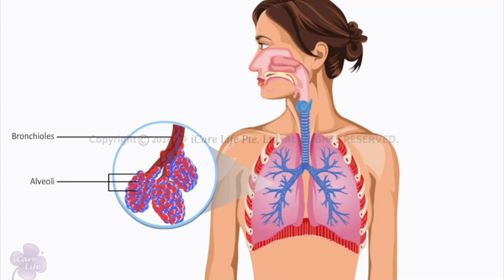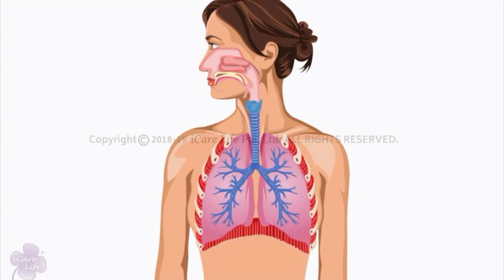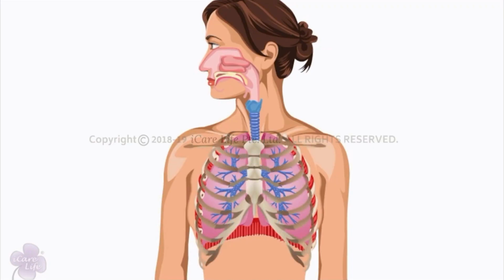Each alveolus has a network of very small blood vessels called capillaries. Below the lungs is the diaphragm, which is a muscle that helps the lungs to breathe in and breathe out air. The lungs are protected by the rib cage, which is connected to the spine at the back.